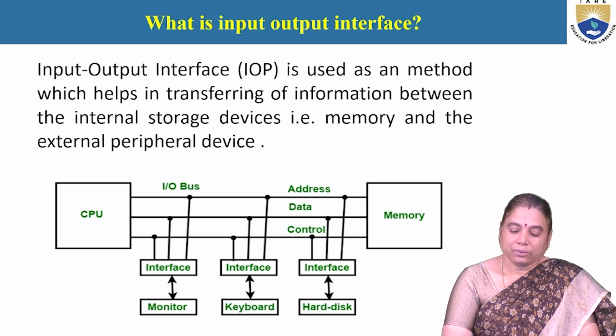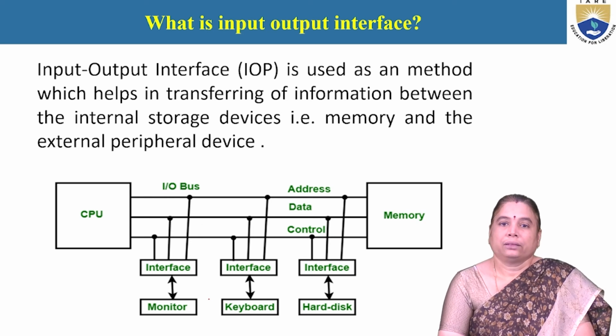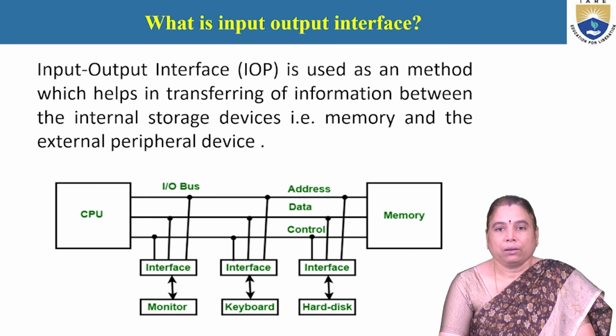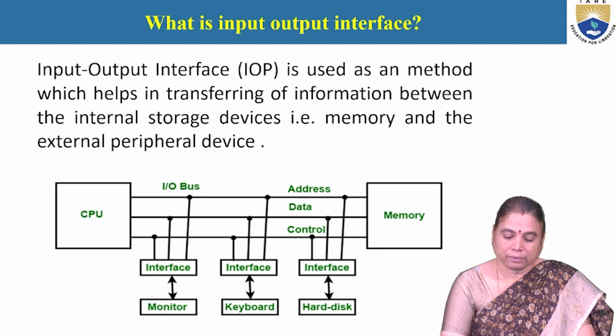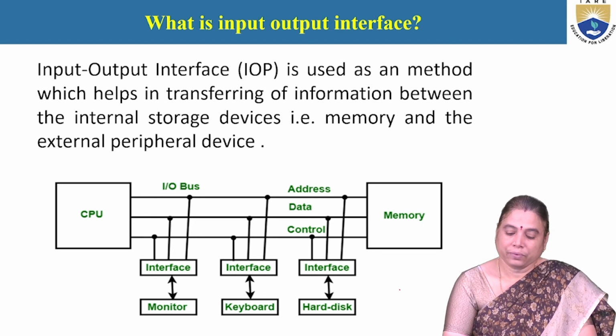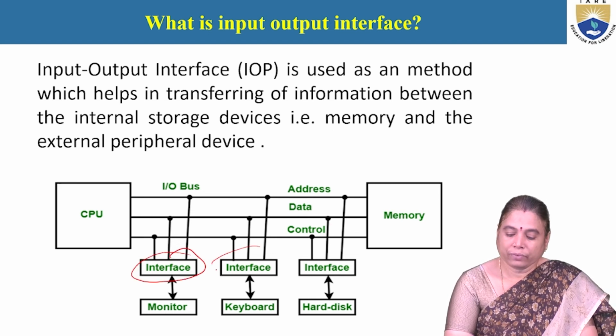Each input-output device provides the computer with communication. The computer's interaction with the outside world is provided with the help of these peripheral devices. Monitor, keyboard, hard disk, all these are various devices. They can interact with the internal components of the system with the help of interfaces.